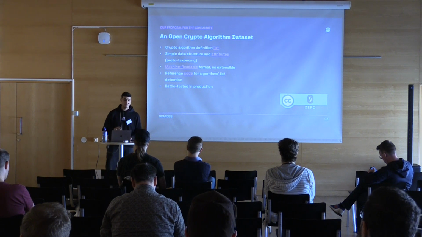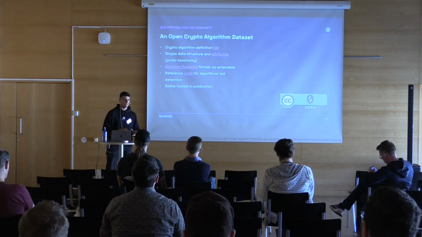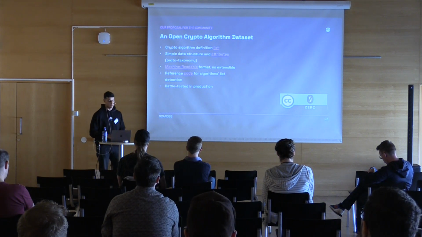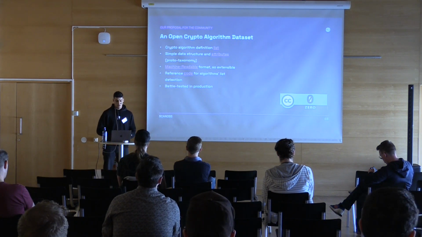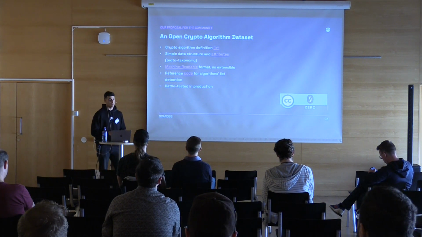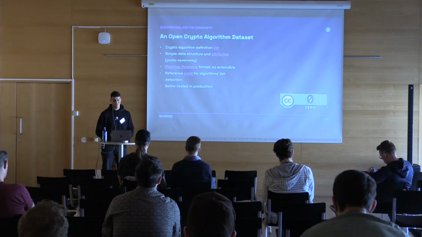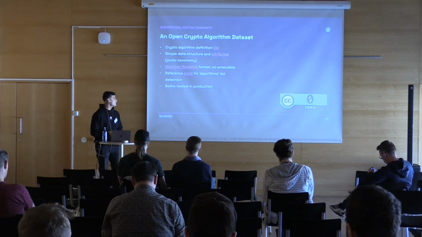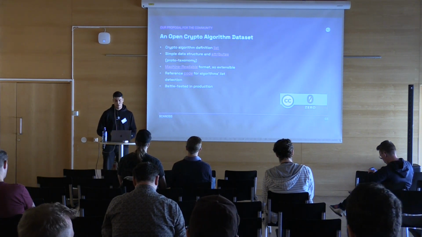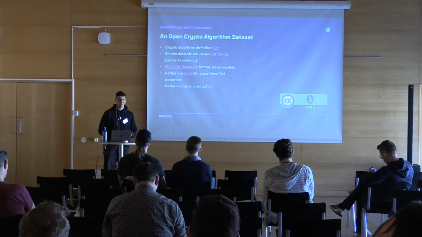We even have some reference code inside the repo, so you can get started and see how it can be implemented. And something important here is that this is not only theoretical, but also battle-tested in production, scanning billions of files and helping big organizations find their crypto composition.